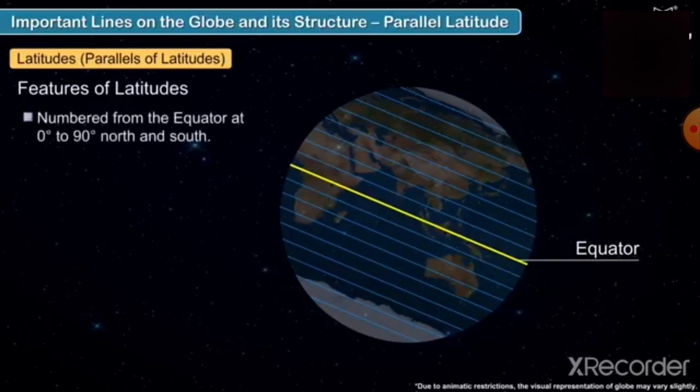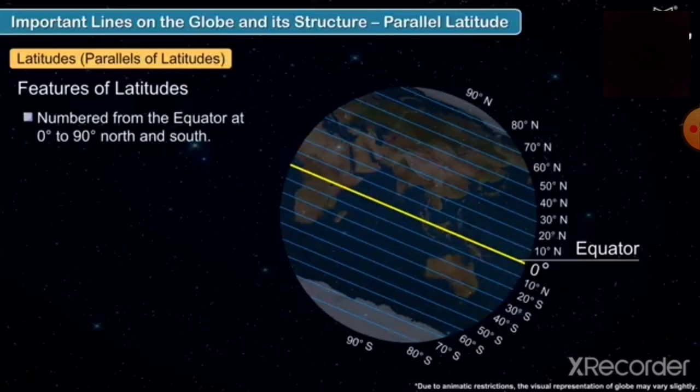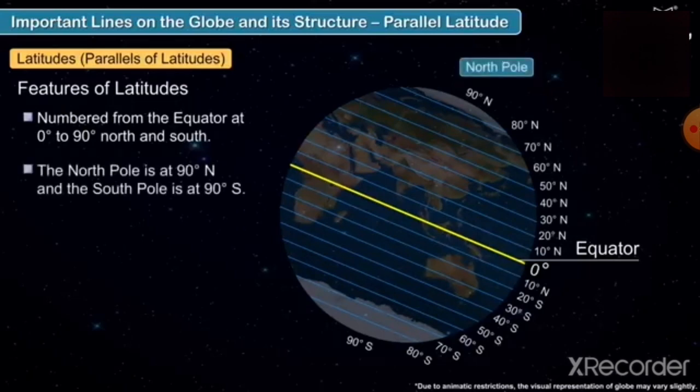What are the features of latitudes? The equator lies on 0 degree. As we move towards the pole, the North Pole lies at 90 degrees.